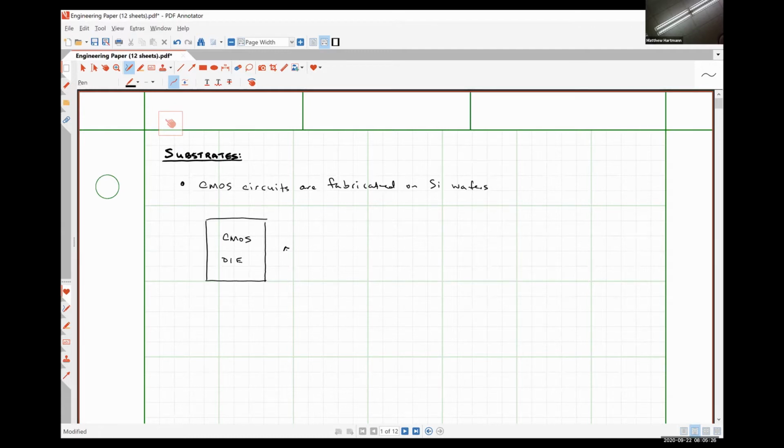To give you an idea, this is our x-axis. That does not remotely look like an X. Here's our y-axis, and then directed out of the page is our z-axis. This is a top-down view.